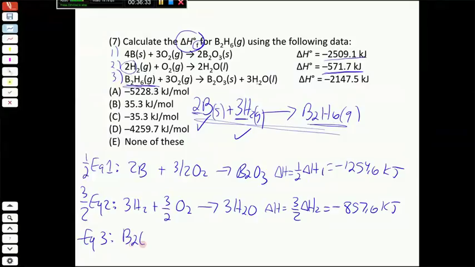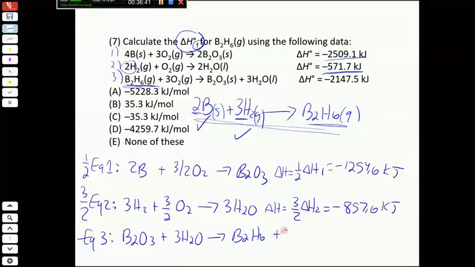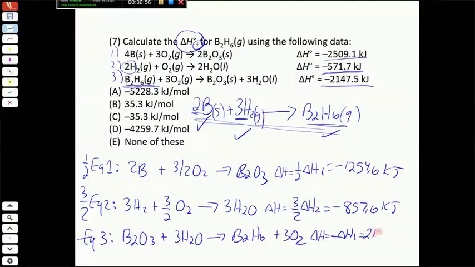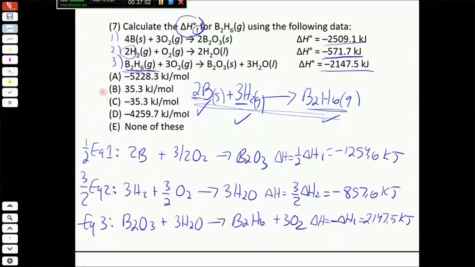So B2O3 plus 3 H2O goes to B2H6 and 3 O2. So that takes care of B2H6. The delta H for this, because we flip the reaction, we just take the negative of the original delta H. So that becomes, instead of negative 2147, positive 2147.5. So if we invert the reaction or flip reactants and products, we just change the sign of delta H.